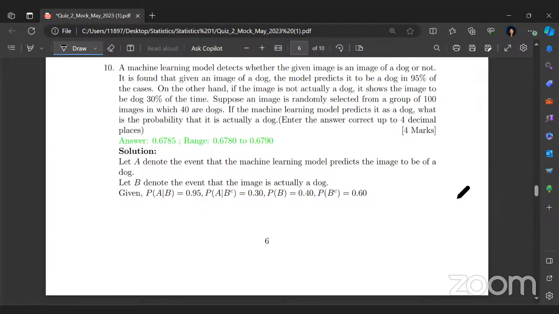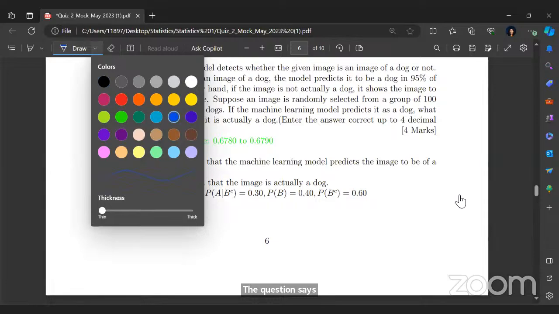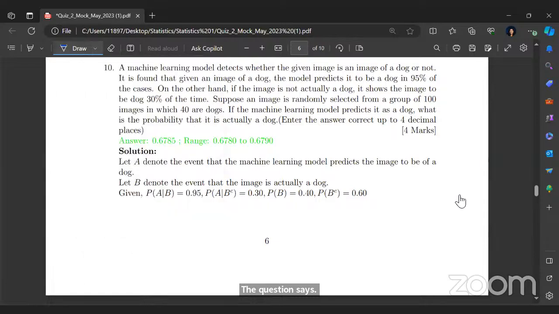Okay, what about this question? The question says that a machine learning model detects whether the given image is an image of a dog or not.